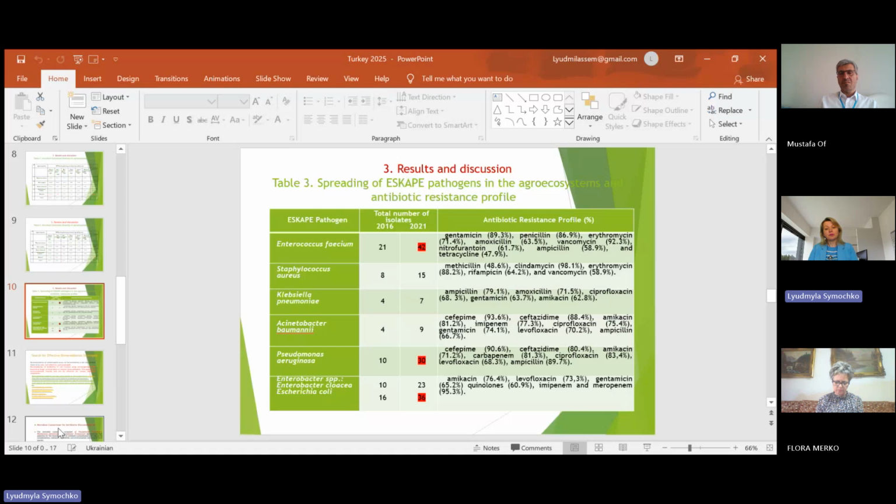And here you can see that contamination of agricultural land caused the spreading of those bacteria, ESCAPE pathogens, and their number increased practically twice in comparison with the beginning of our study. And here you can see also the antibiotic resistance profile. As you can see, those bacteria have a quite high level of antibiotic resistance to the main groups of antibiotics.